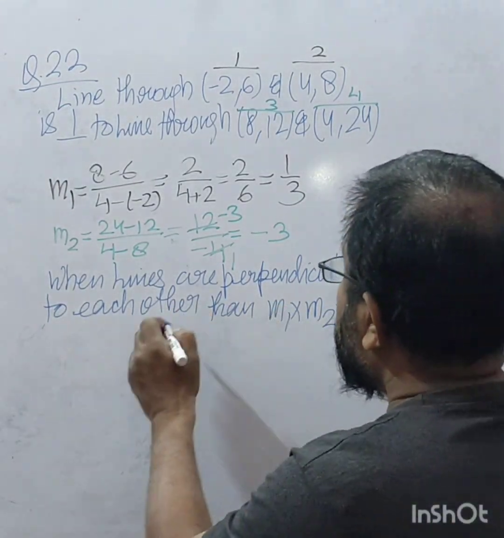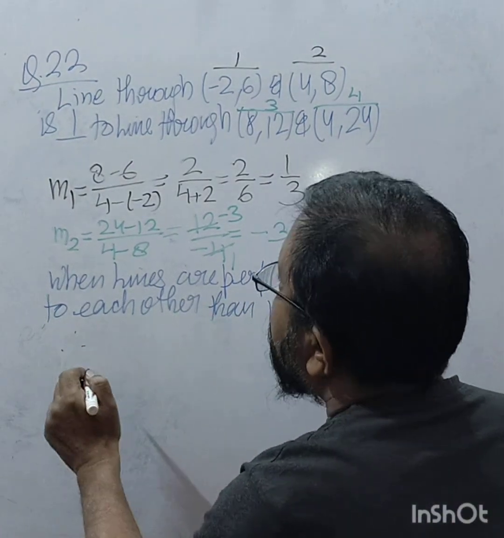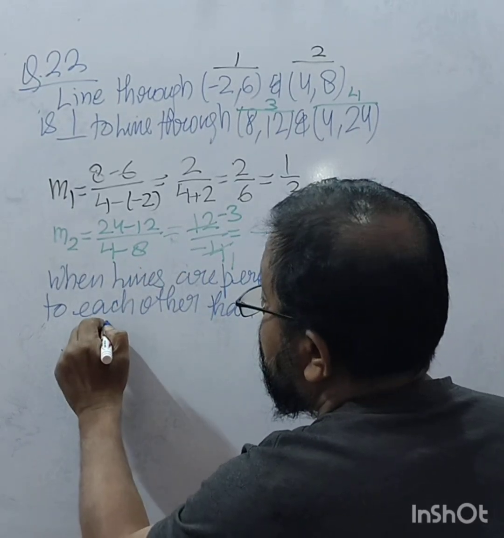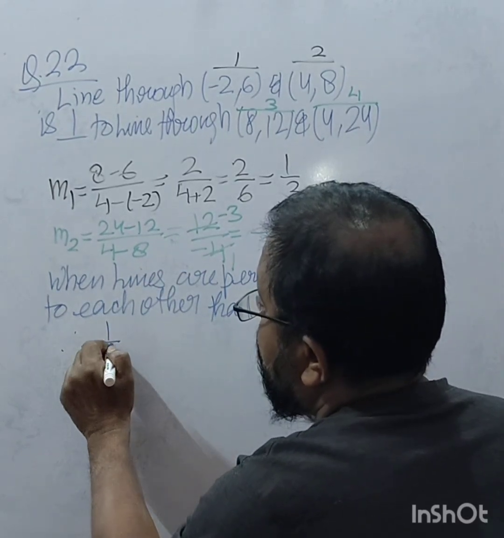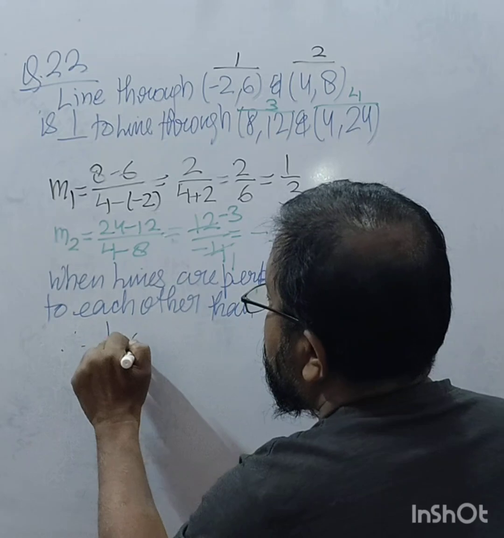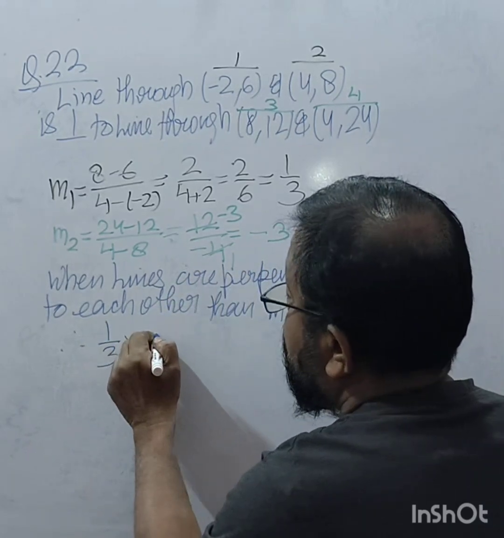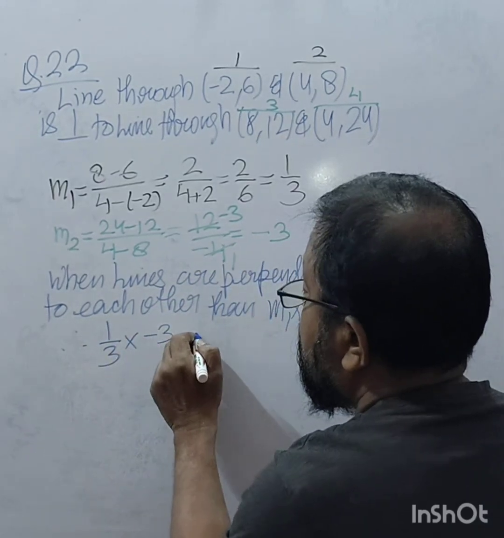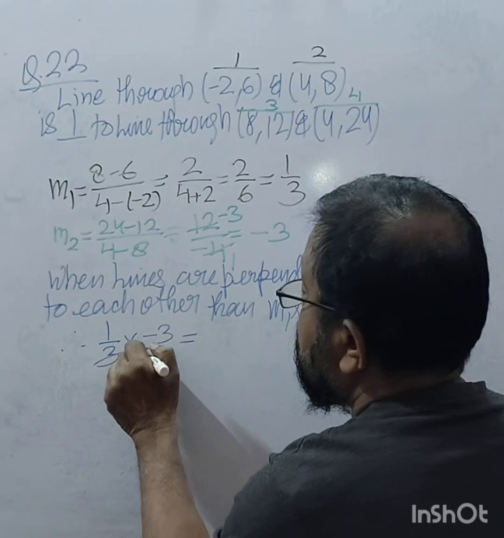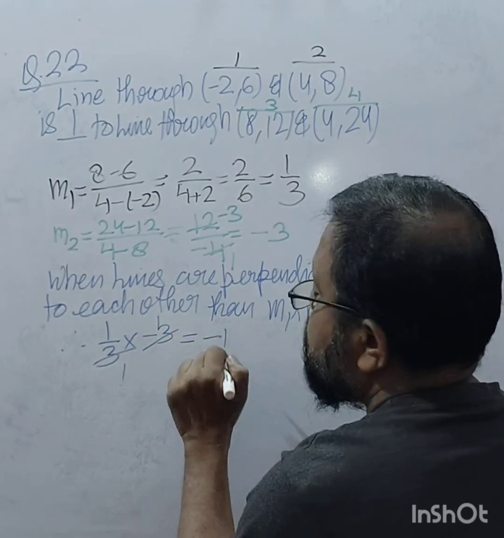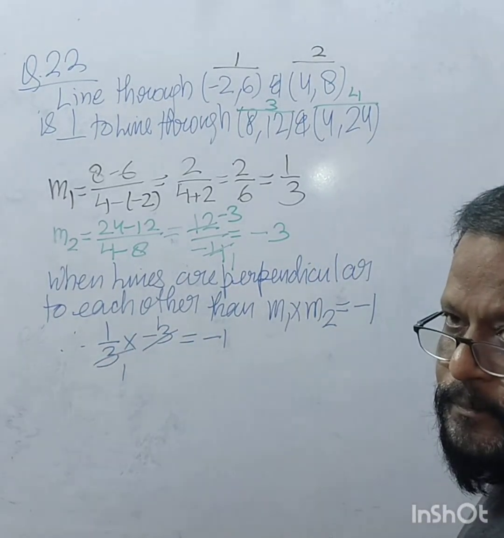Right? So here, therefore, 1 upon 3 into minus 3 is equal to minus 1. Right?